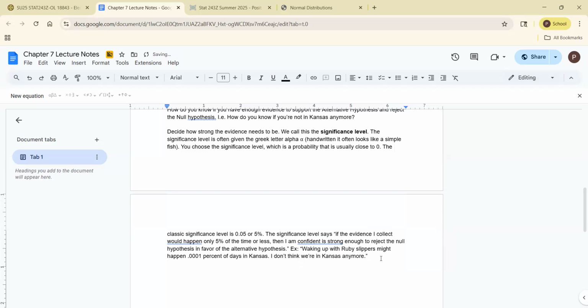All right. Once you decide your significance level, once you decide how strong your evidence needs to be, then we can collect our data, which is usually in the form of the sample mean, or if we're working with proportions, the sample proportion, and the standard deviation of the sample mean, or the standard deviation of the sample proportion.